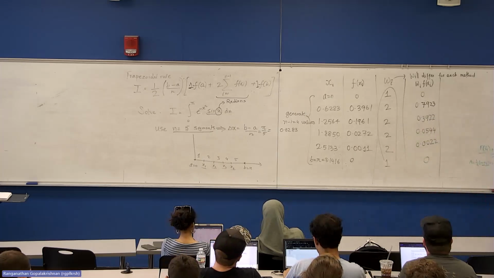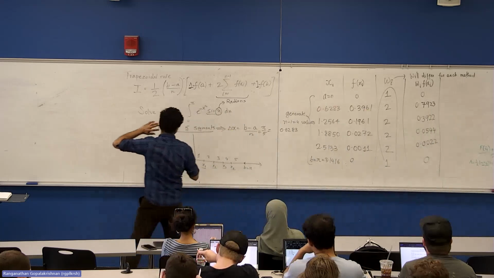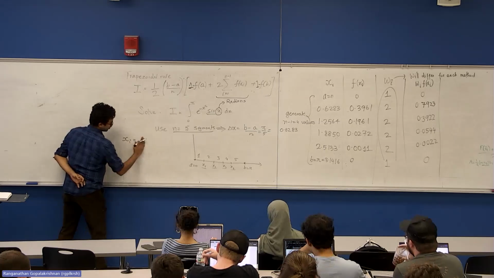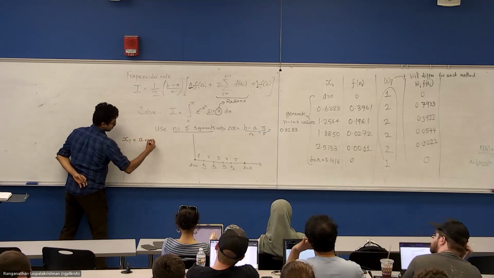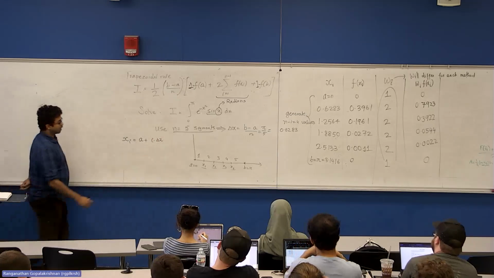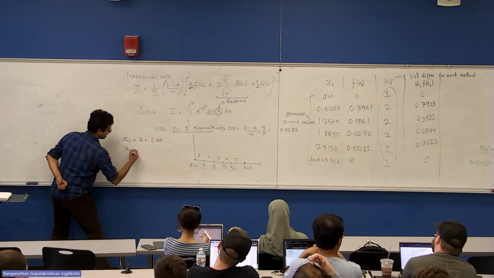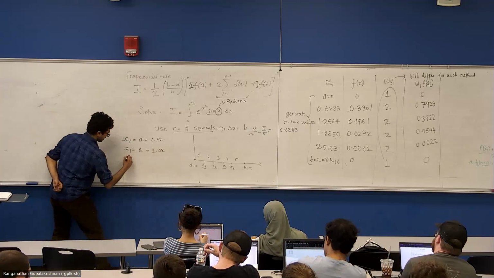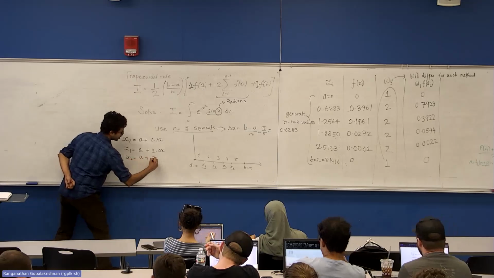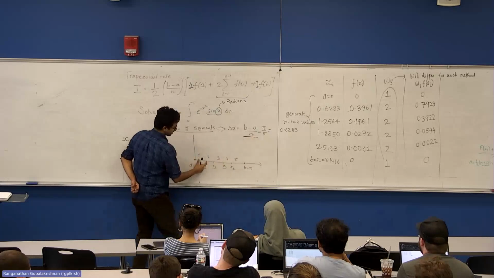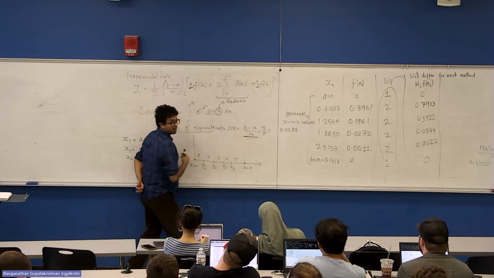Yes. How are you generating the numbers in the xi column? Good question. These segments, if I write xi equal to a plus i times delta x. So x1 will be a, the first value, plus 1 times delta x. x2 will be a plus 2 times delta x, where delta x is the range divided by the number of segments.